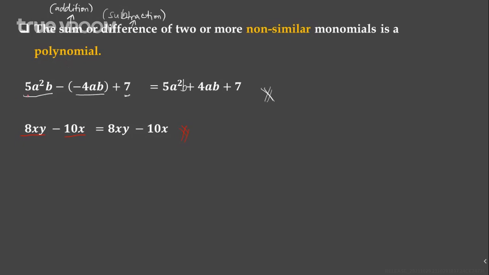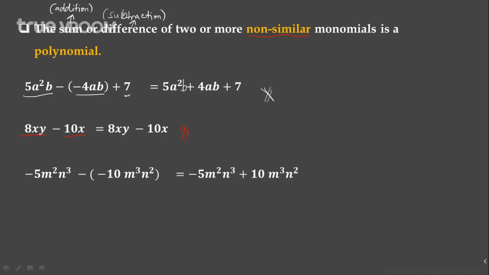So in these examples, when you add or subtract two non-similar monomials, your answer will be a polynomial. Another example, we have negative 5m squared n cubed minus negative 10m cubed n squared. They are not similar because look at the exponents. They are not the same. So you cannot add negative 5 and 10, or subtract.